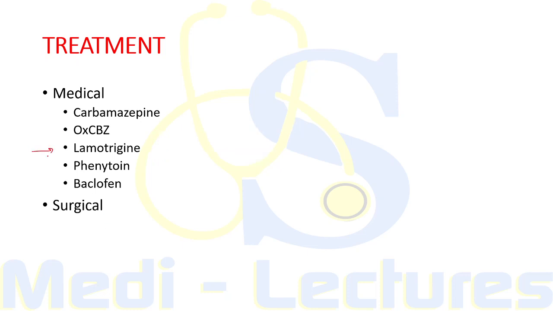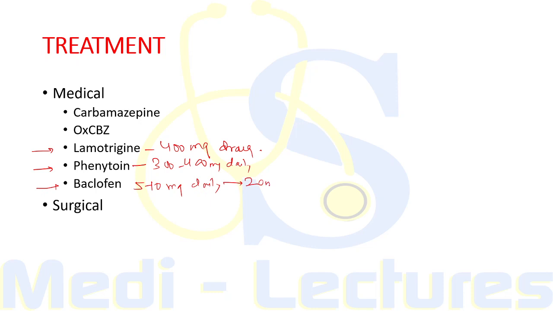Now the other drugs which can be used include lamotrigine, which is a anticonvulsive drug which can be used 400 milligram daily, phenytoin, which is also anticonvulsive, again 300 to 400 milligram daily can be used, and baclofen, which can be used 5 to 10 milligram daily, and the dose can be increased up to 20 milligram 4 times a day. It can be given alone or in combination with anticonvulsants.